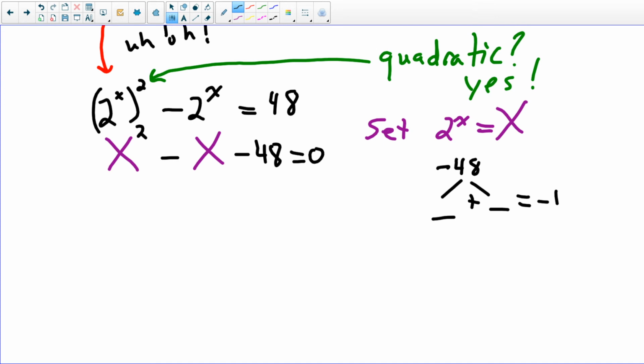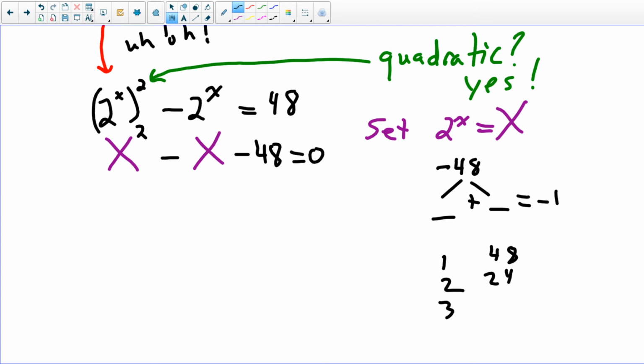It's not coming to me right now, folks. Can somebody help me out? I'm pretty sure this is supposed to be factorable. It's not factorable? Does 3 go into 48? Let me do some quick math here. 3 and 16. 4 and 12.